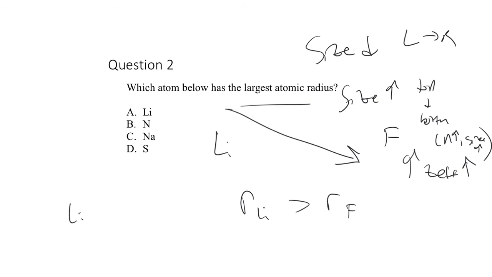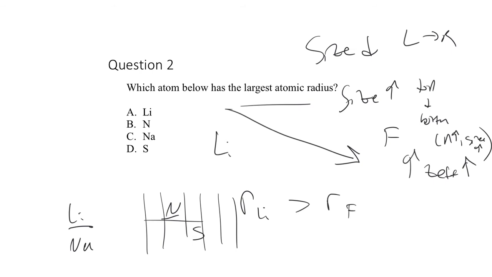So which atom below has the largest atomic radius? Here let's try to reconstruct. We have lithium, sodium, and then we have nitrogen and then sulfur here. So we have second row elements this way, and then we have two alkali metals. And so sodium is going to be bigger than lithium.